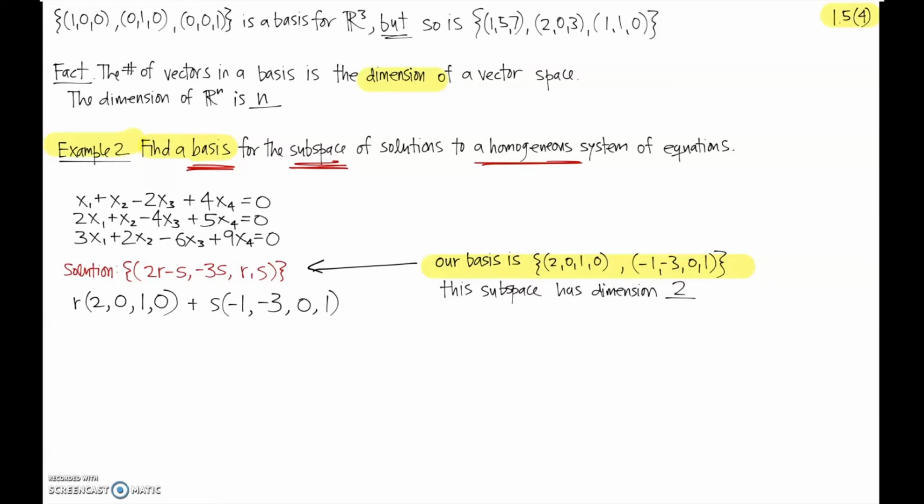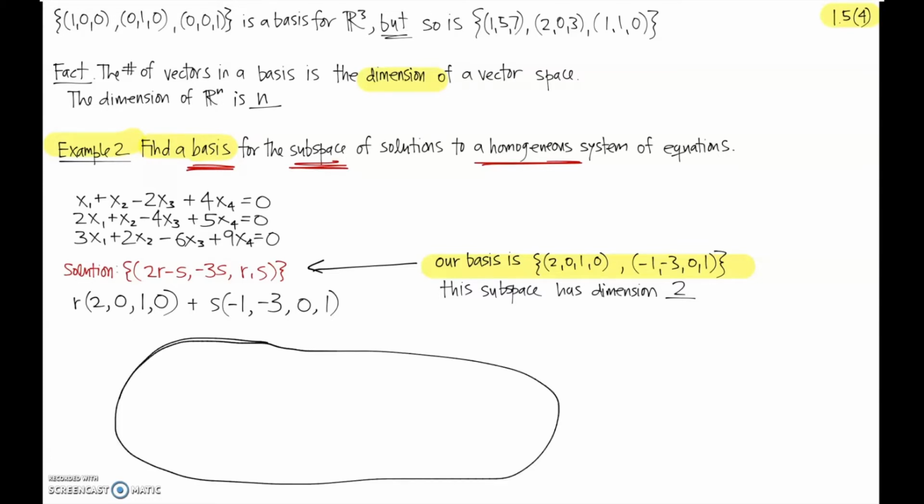So maybe one way to visualize this is we have the set R4. It's a very large set of all the vectors of 4 real elements. And sitting inside of R4 is our smaller subspace of all the solutions to this system of equations.